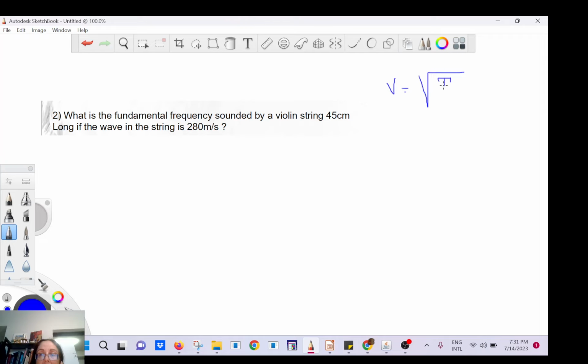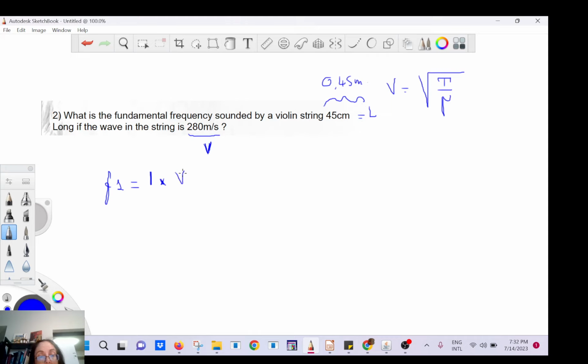You know how tight is the rope, so it's like the restoring force, and the mass per unit length. And actually, I don't need that equation because the speed is given here. So this is V, and the length here is 0.45 meters.